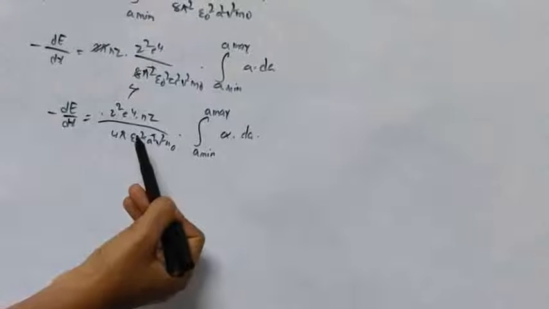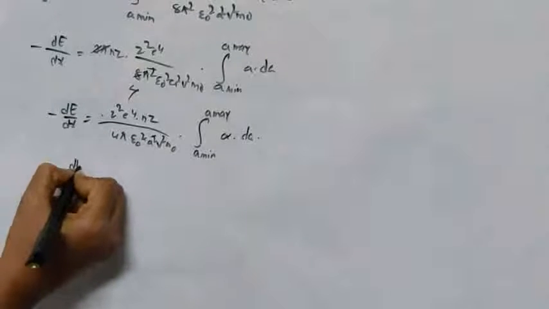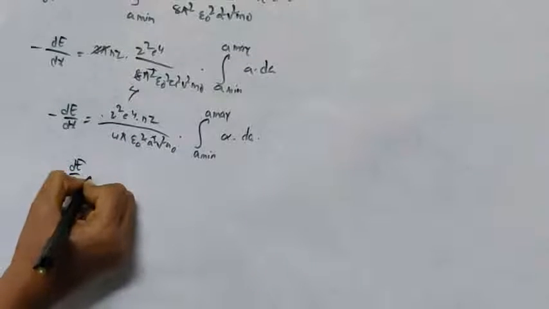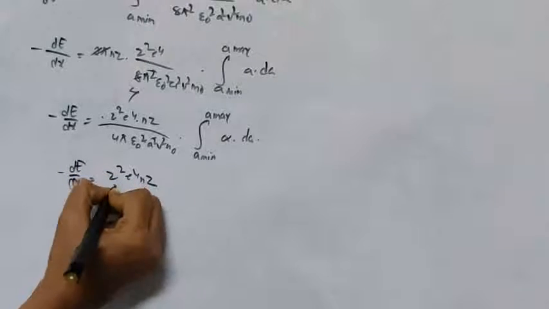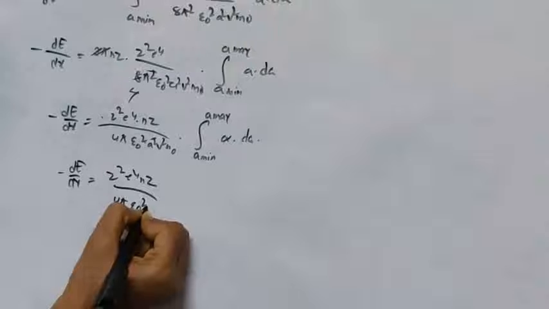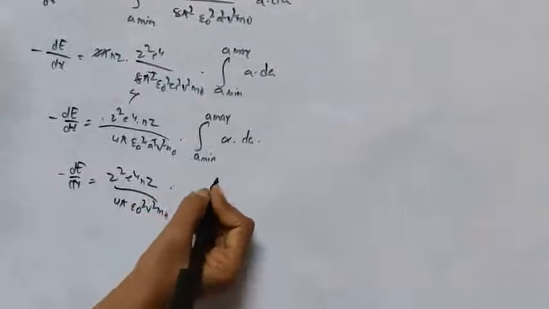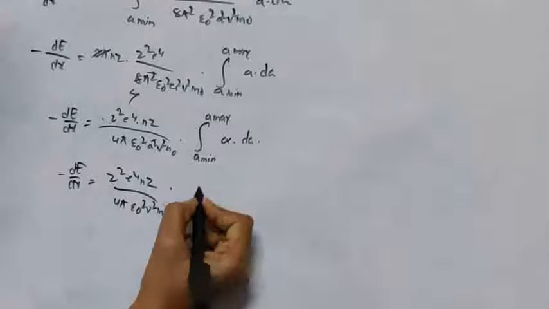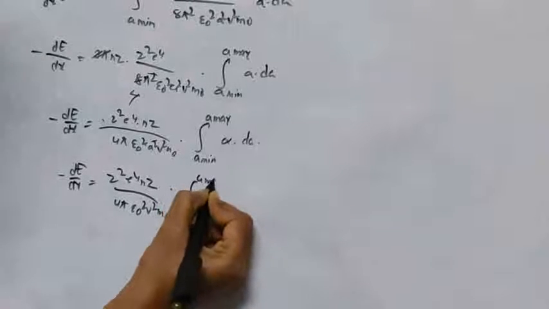Okay, so what will you get here? Minus dE by dx is equal to z square e power 4 nz by 4 pi epsilon naught square v square m naught into integral a minimum to a maximum.